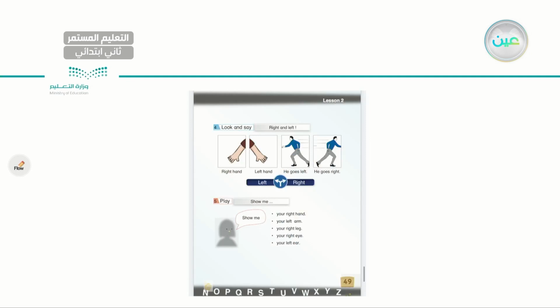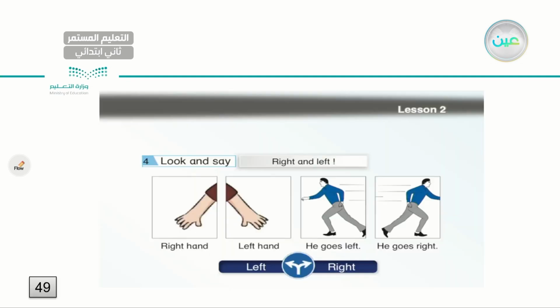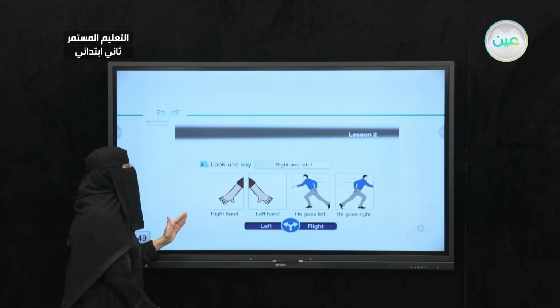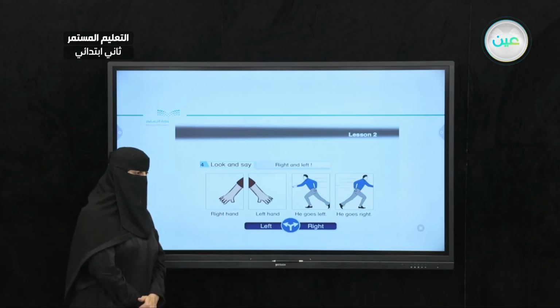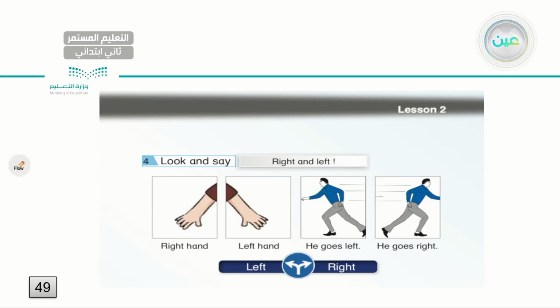Now, here at page 49, we need to introduce these two words and practice using right and left. I'll be zooming for the upper part. Look and say right and left. Now, as you can see here, I have two arms, but I cannot decide which arms we are pointing at.